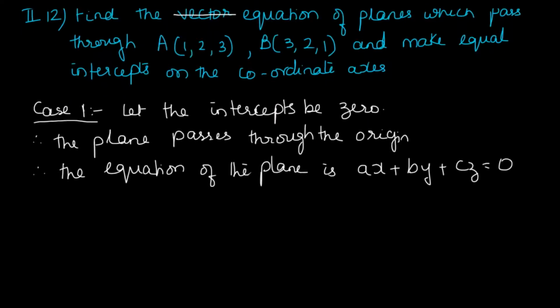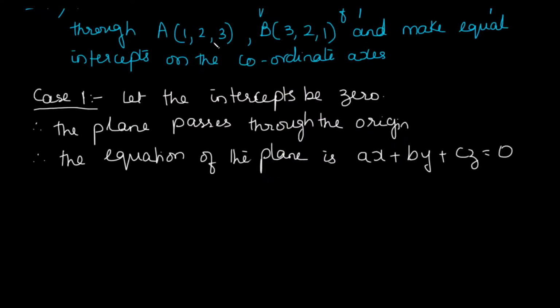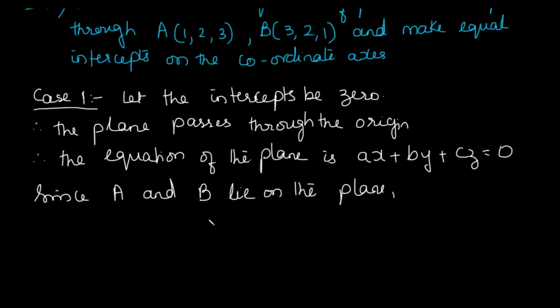Also, we have that the plane passes through these 2 points, that is A and B. So, since A and B lie on the plane, these are points on the plane.